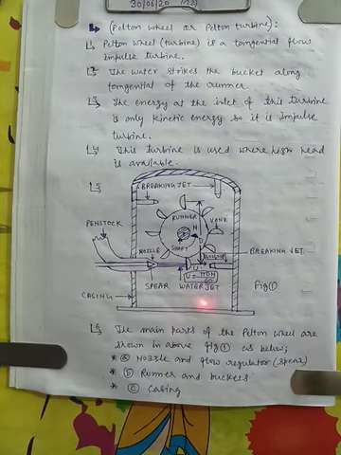So the main parts of this turbine are this nozzle and this spear. It regulates the flow of water. Spear is having conical shape. So this is the penstock.